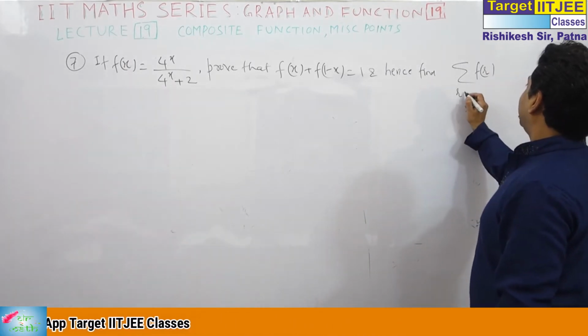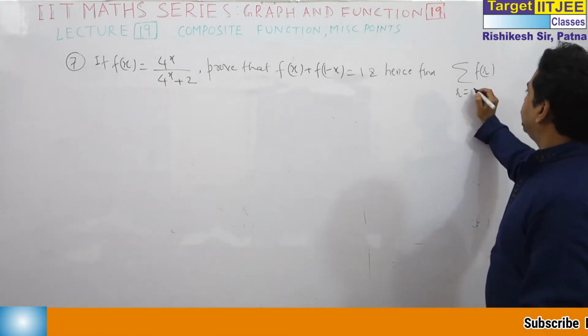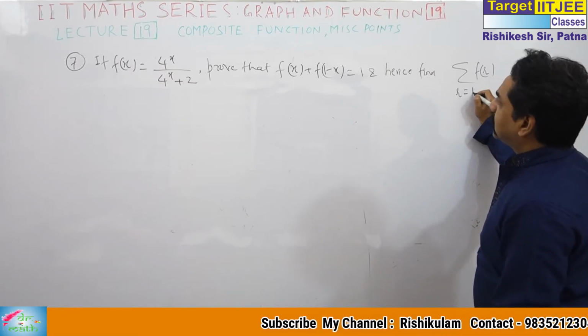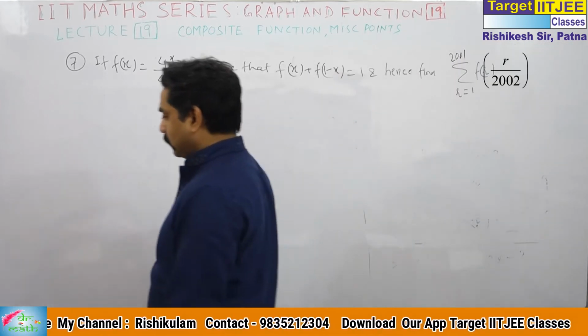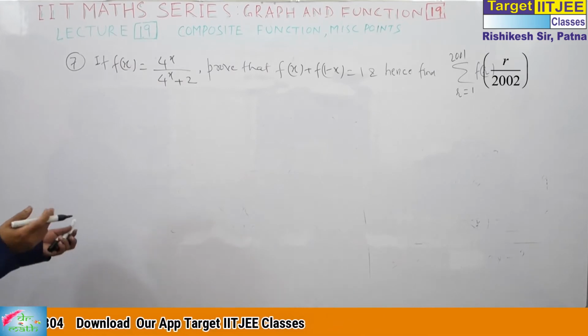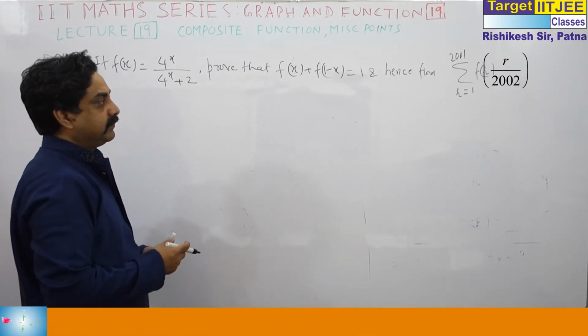You can take r is equal to 1 to any number. I suppose I take 2001, 1 to 2001. I may take any number, 1 to 2000 and so on. Now see.